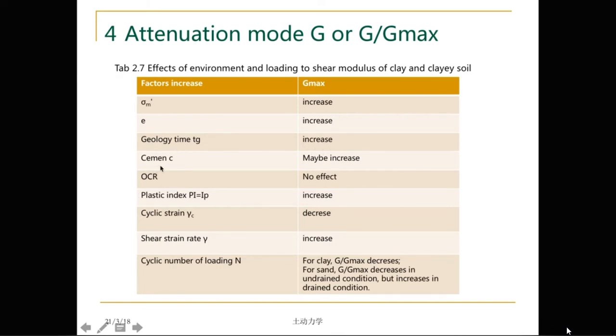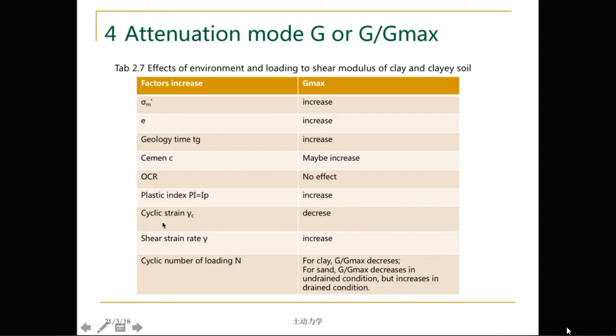And the cementation increase may cause Gmax to increase. OCR increase has no effect on Gmax. And plasticity index increase will cause Gmax to increase.